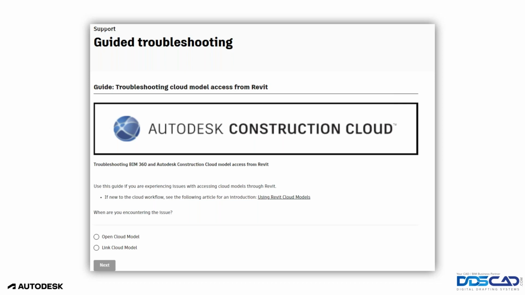They've recently started putting these troubleshooters out there, which are really cool. You go into the troubleshooter, where are you encountering the issue, opening or linking the cloud model, and you basically work through some questions where it will tell you what you need to do to fix your issue. So, something interesting, very good tool to have. It's not for everything, but if you find one of these things, go ahead and try it out. We found it to be very beneficial.